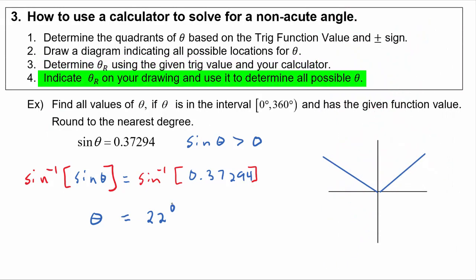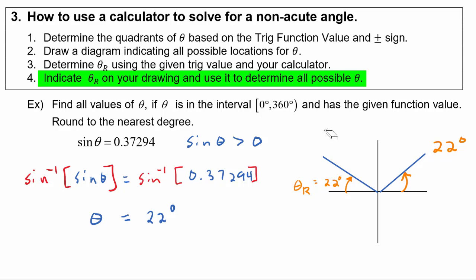Step 4 says indicate theta r on the drawing and then use it to find the angle or angles. Now this tells us the angle here in quadrant 1, which then also tells us that the reference angle over here is also going to be 22 degrees.